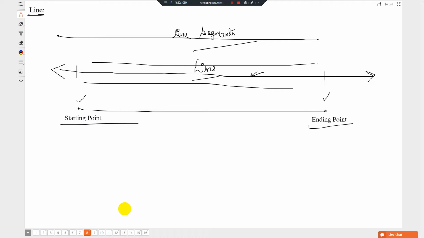And the line segment doesn't extend in both directions. This is the first direction, second direction. It doesn't extend.